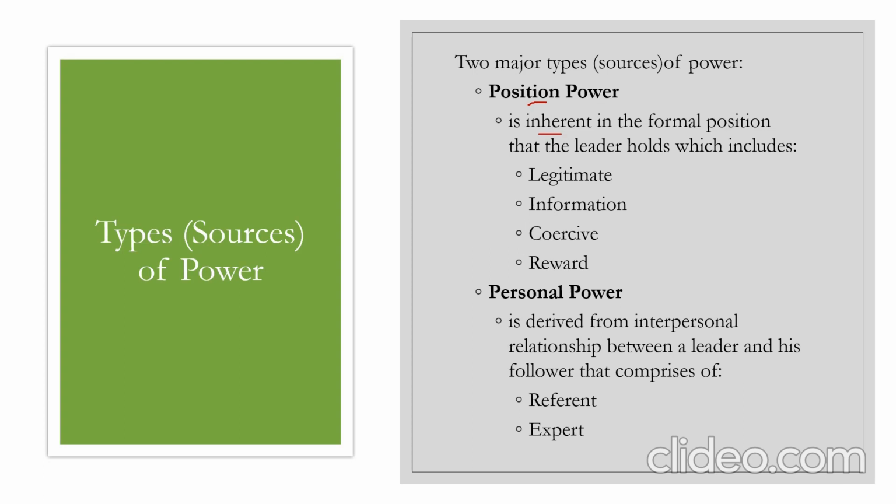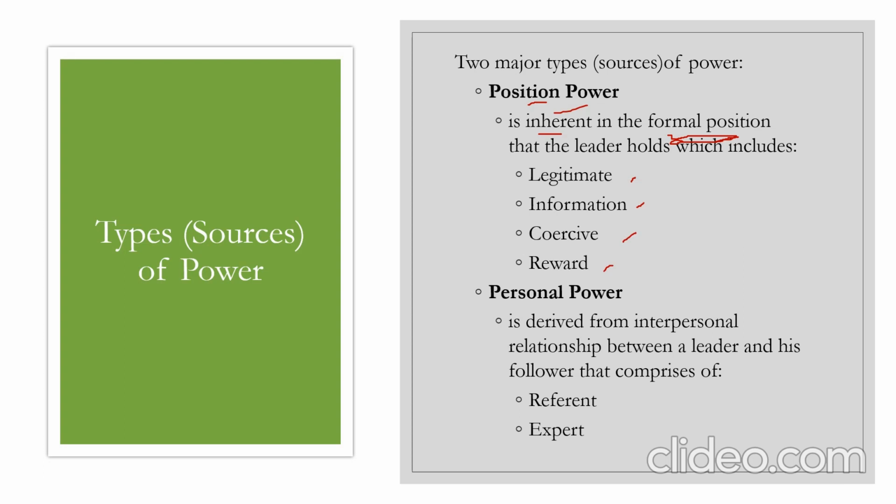Power ataupun kuasa yang diperolehi oleh seseorang berdasarkan jawatan di dalam organisation. That is formal position. So, orang tu ada power disebabkan jawatan yang dipegang dalam organisation. So, that person has position power. So, there are 4 types of position power, that is legitimate, information, coercive, and reward. We will look into these 4 types later.